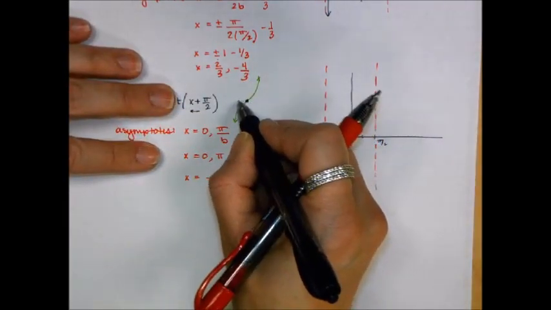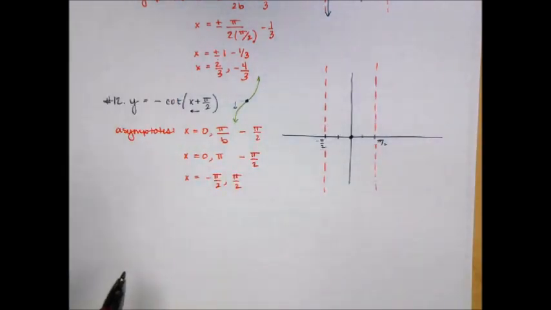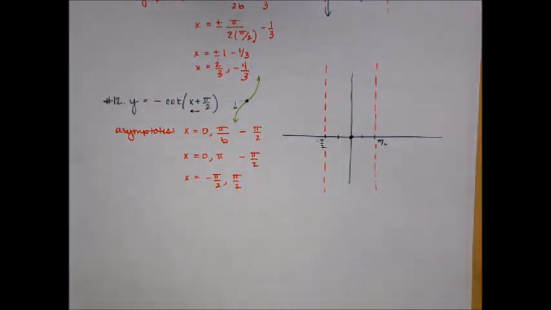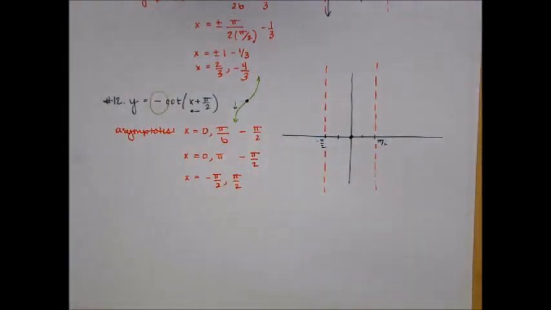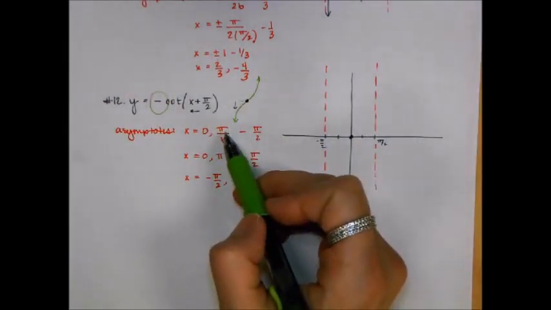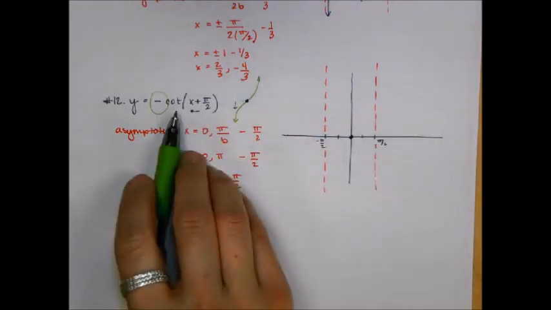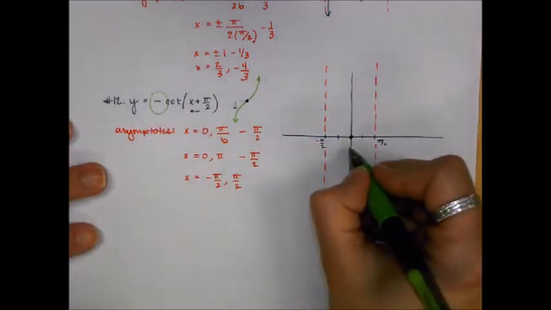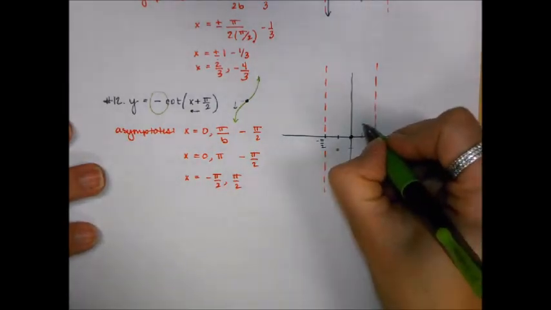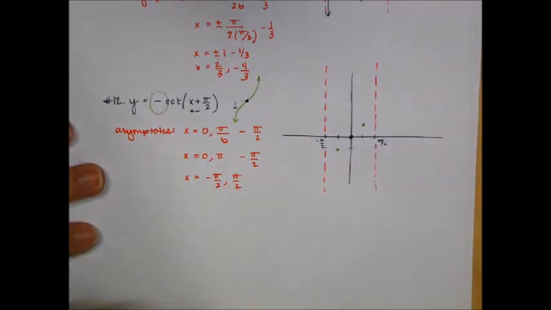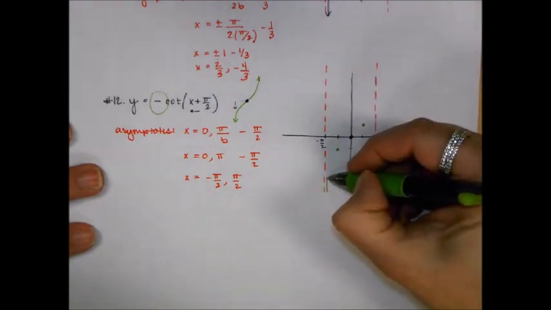Well, it's a -1, but the negative just told me that my cotangent graph will increase. So it's the 1 unit down that we'll use to plot a point, and 1 unit up to the right to plot a point.